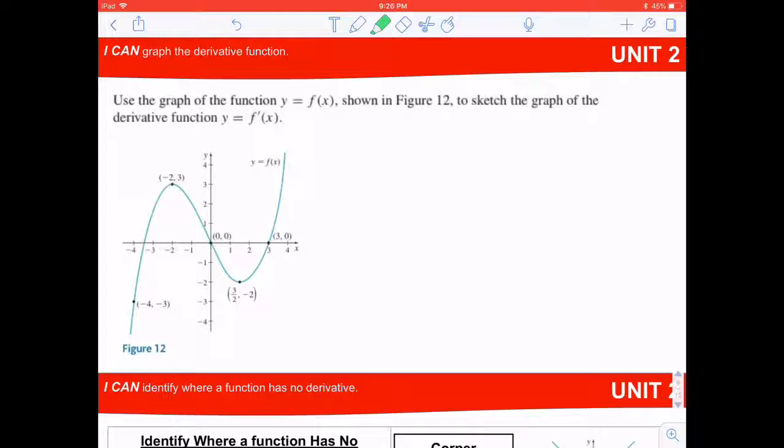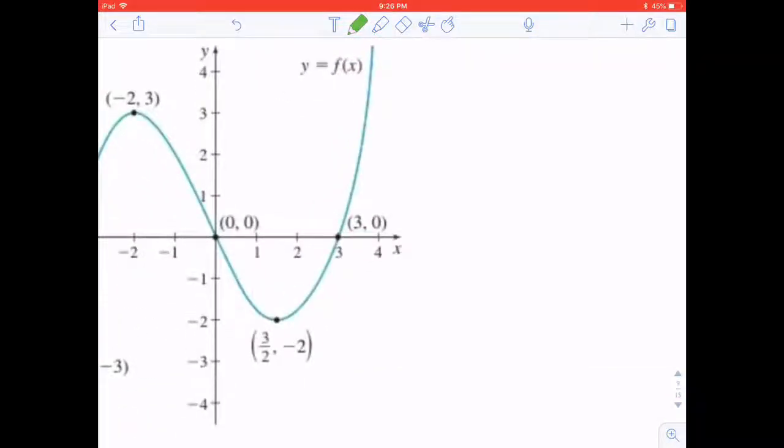We have another example here. It says to use the graph of the function y equal to f of x, shown in figure 12, to sketch the graph of the derivative y equal to f prime of x. So we're going to do the similar thing that we did in the other problem. I'm going to pick these points here. So I have this point here that I want to find the slope of.